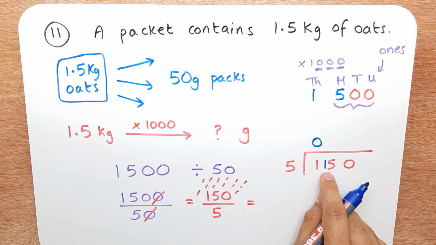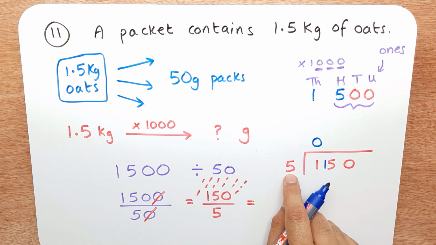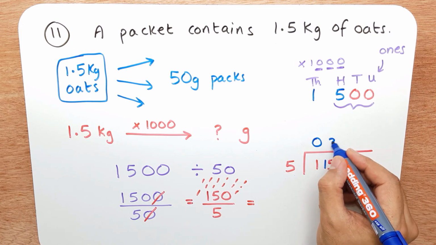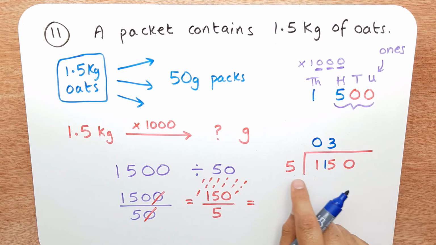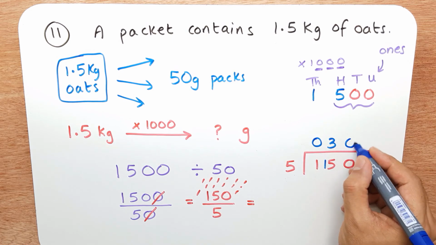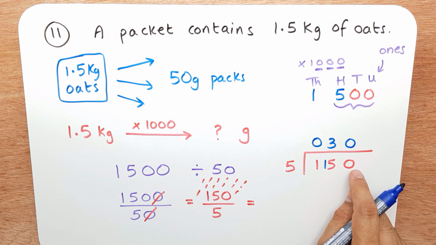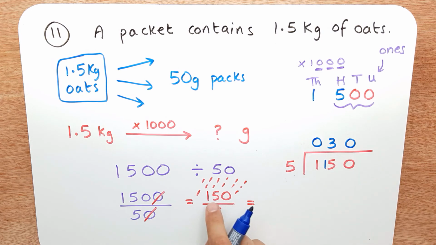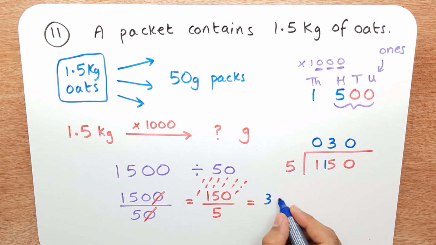So this 5 becomes 15. How many 5s are there in 15? There's 3. How many 5s are there in 0 for the final column? 0. And because there's no remainder, we can stop there. So my answer is 30. So 150 shared by 5 is 30.